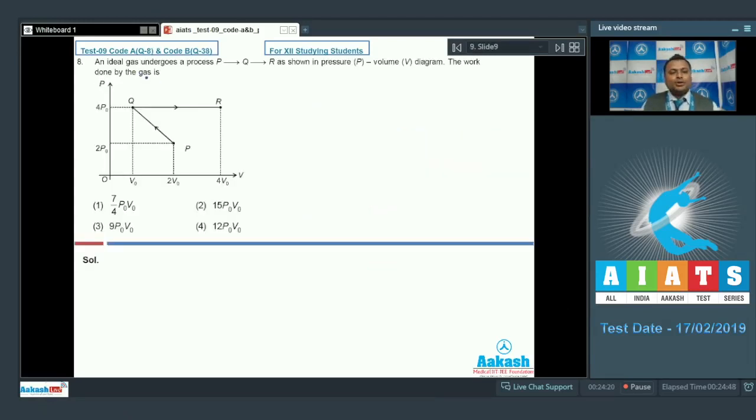An ideal gas undergoes a process P to Q and ultimately Q to R as shown in the pressure volume diagram. The work done by the gas will be what? Now we know that work done by the gas is always equal to the area under the PV diagram.